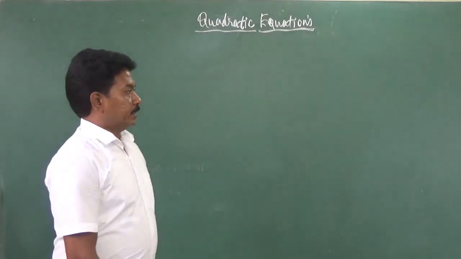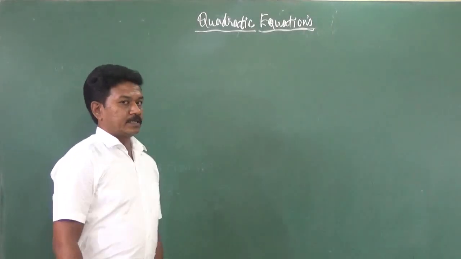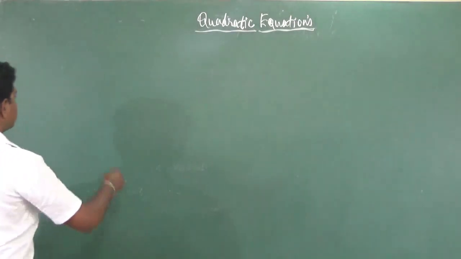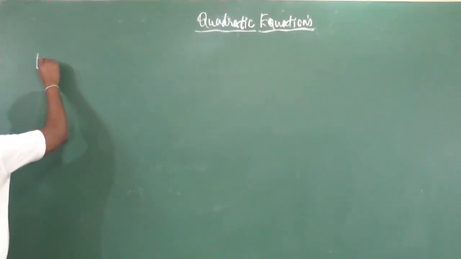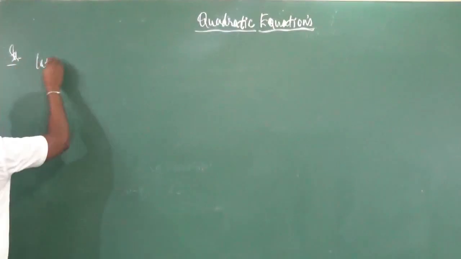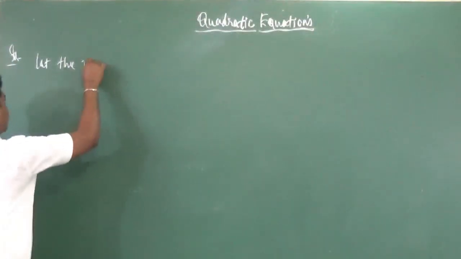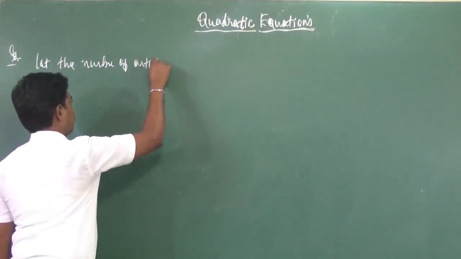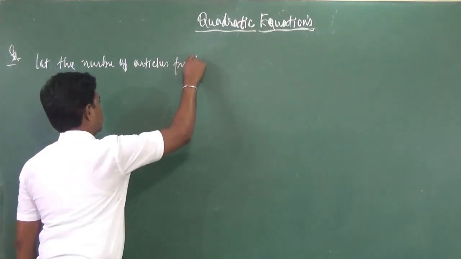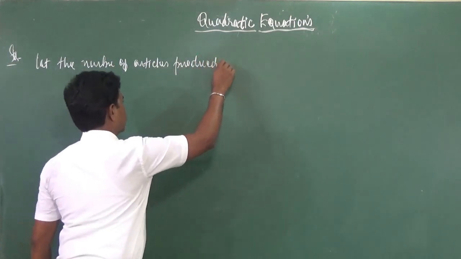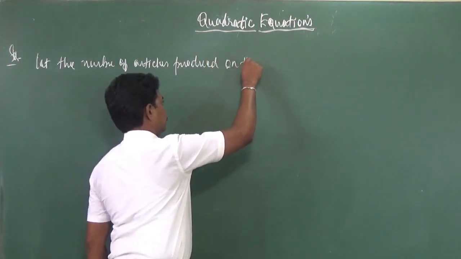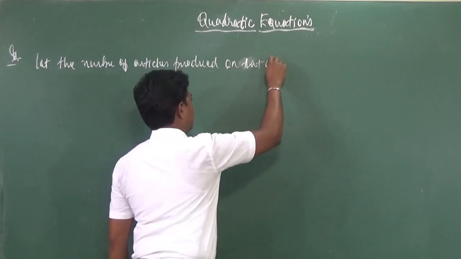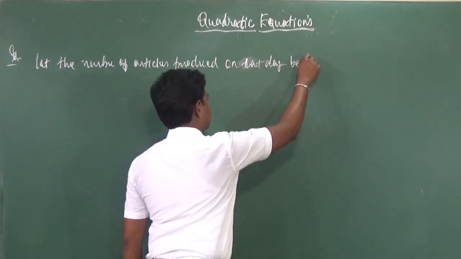So here we will have to guess the number of articles produced on that particular day. So let the number of articles produced on that day be x.